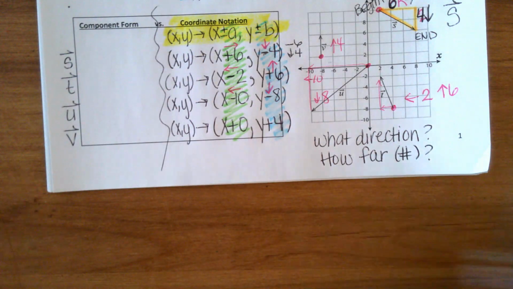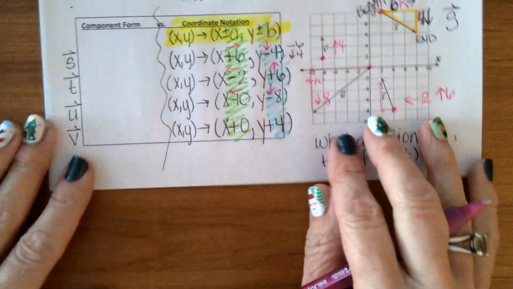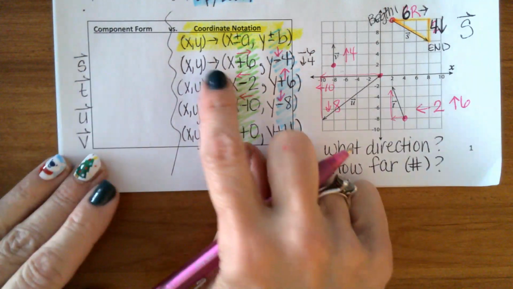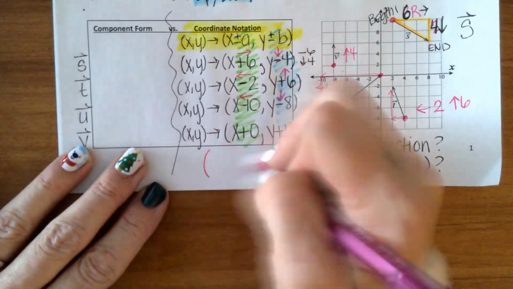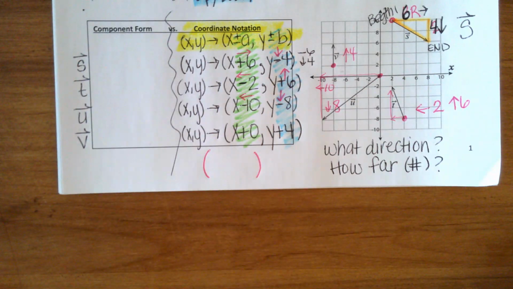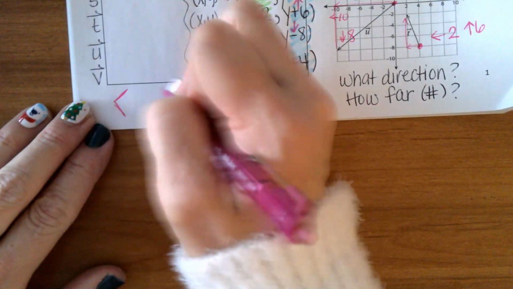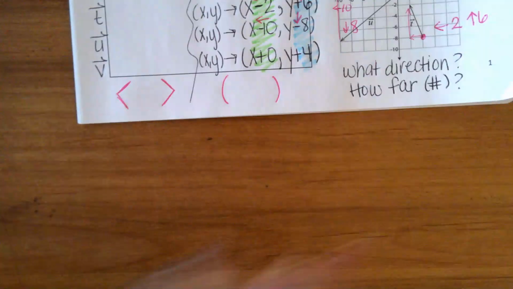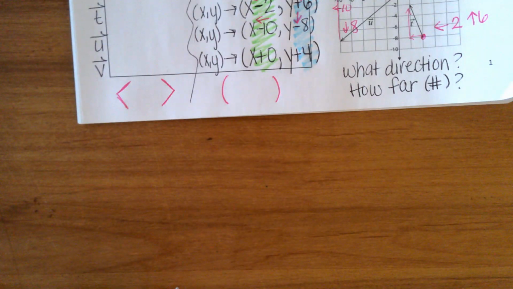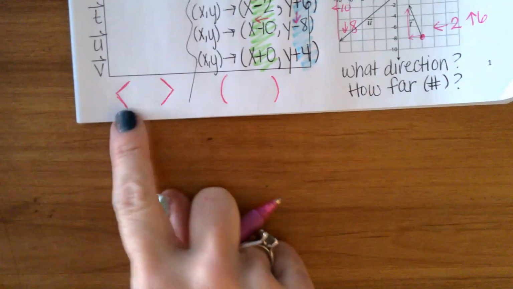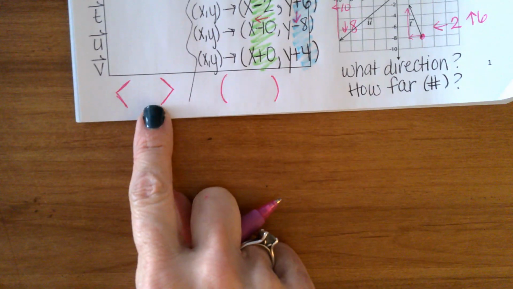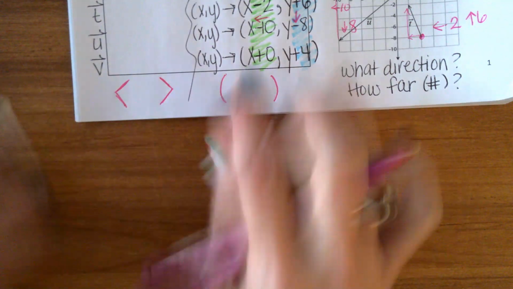Now component form, I need you to be really careful because these are parentheses, right? Yes, curved. Over here, you're going to be making them like this, like arrows. You are not allowed to put parentheses on this side because it's not an ordered pair. You have to use the arrows, the pointed ones.